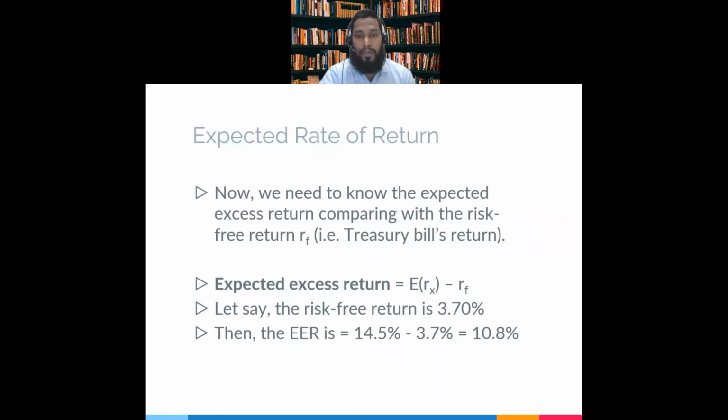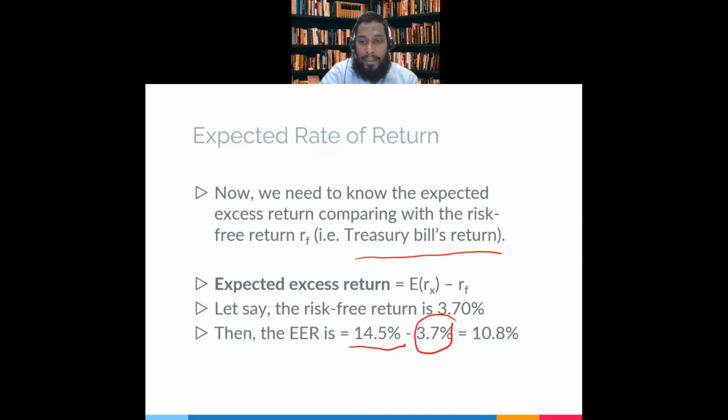we need to deduct the risk-free return from our expected return, then we can get our excess return. So in our last calculation, we got our expected return, which is 14.5%. And the treasury bills return, we can get from the central bank's website. So let's say it is 3.7%.